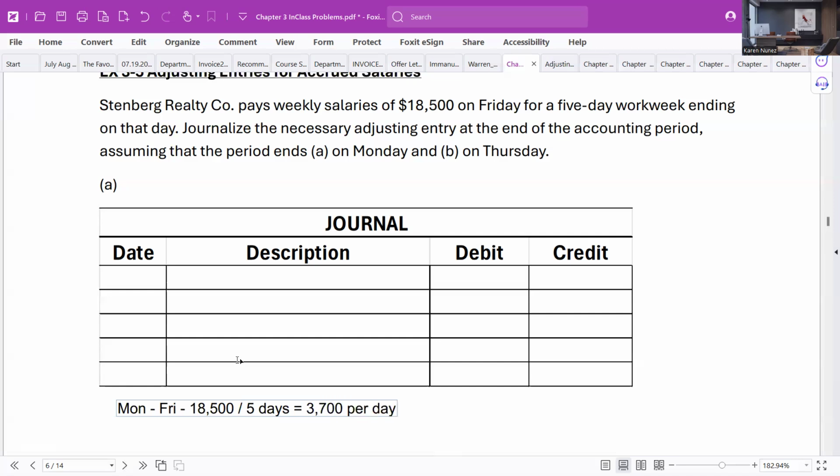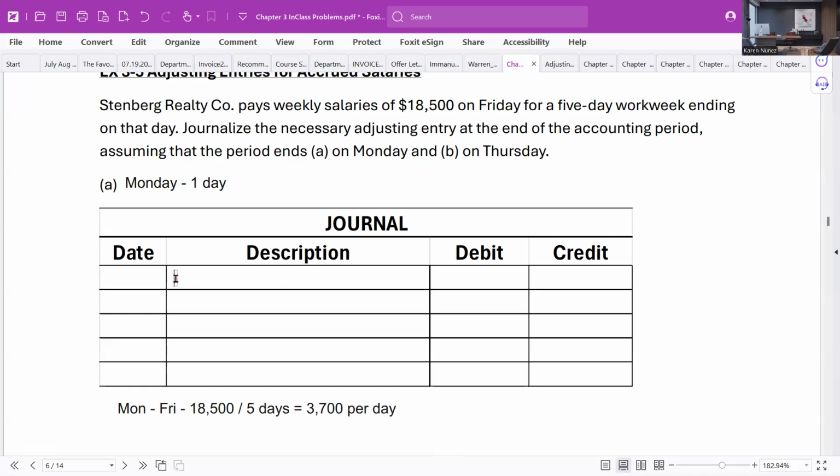And now we get to the end of the accounting period and it ends on a Monday. So we need an adjusting entry for one day, right? In A, we have Monday, which is one day. So we need an adjusting entry for an accrued expense for Monday only.